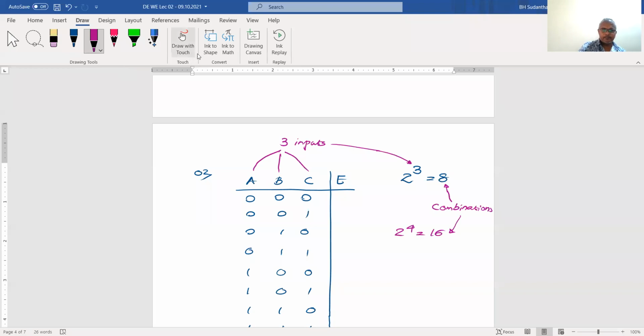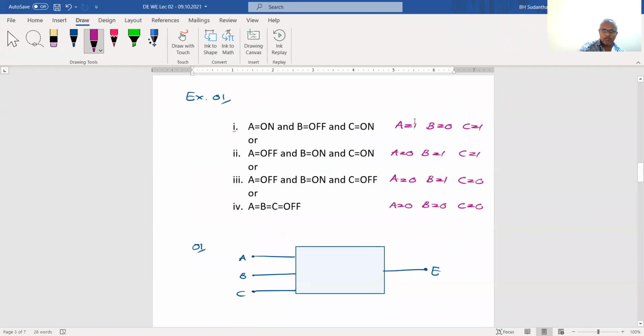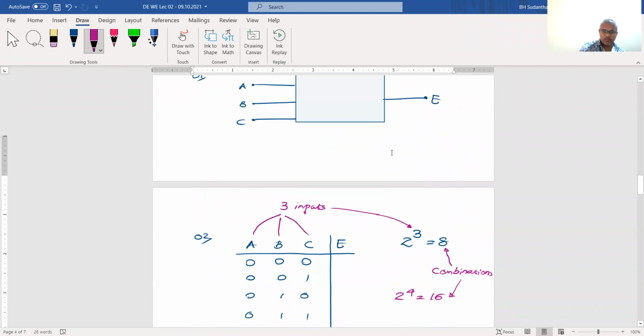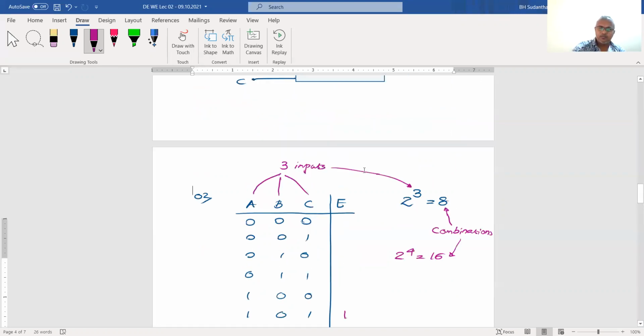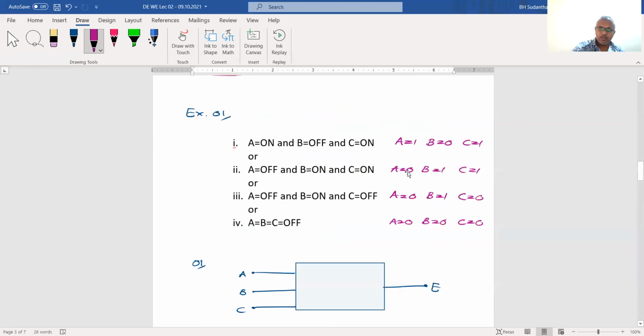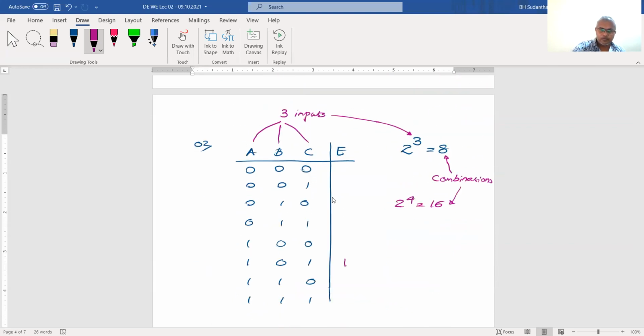Okay, then first one, 101. Here at 101, E should be 1. The second combination, 011.